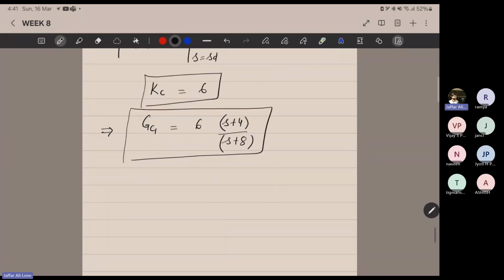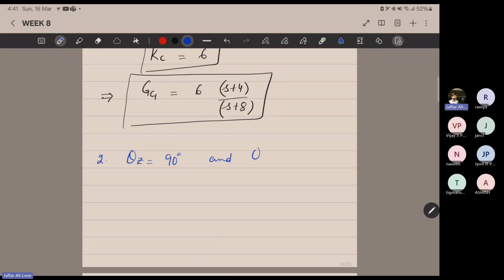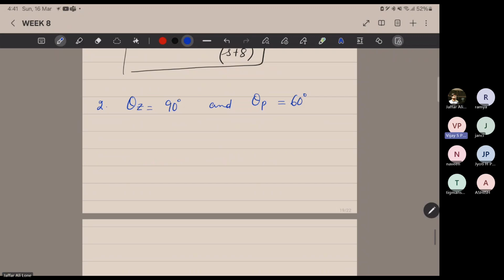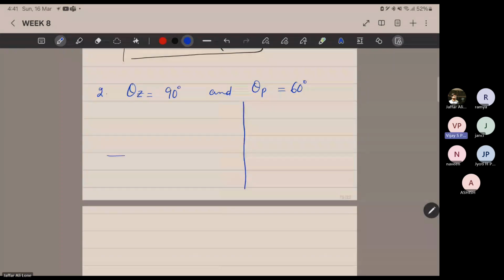Now let's go for choice 2. What was choice 2? Choice 2 was theta z is equal to 90 degree and theta p is equal to 60 degree, right? So it means we have one pole at 0, other pole at -2, and we have to add this theta z and theta p such that these angles are satisfied.